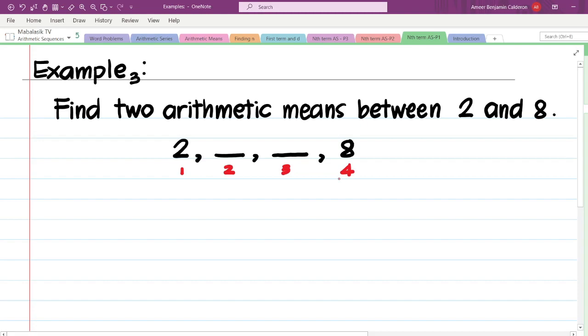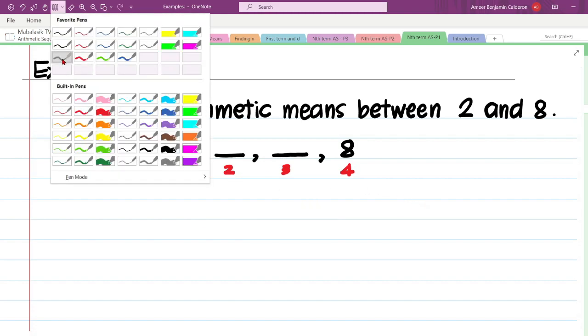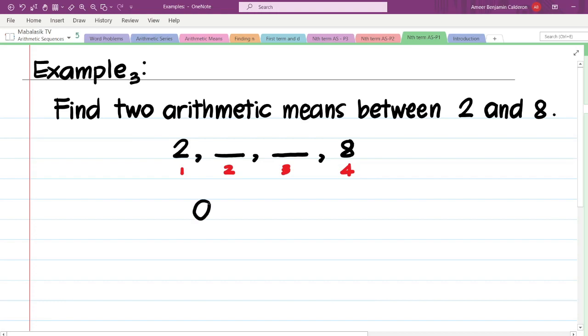What we want to do first is to solve for d. Solve for d using our formula. What is our formula? a sub n is equal to a sub 1 plus the quantity of n minus 1 times d. What is a sub n?